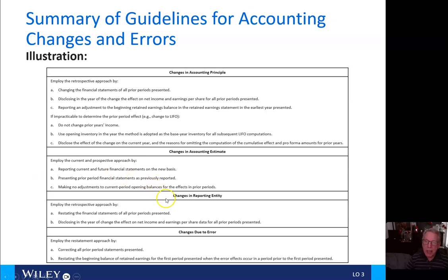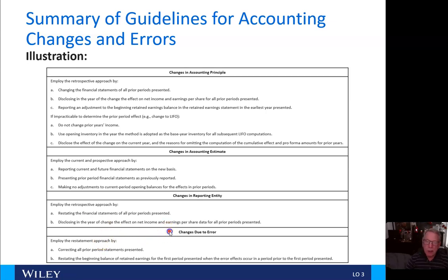And if we have a change in reporting entity, we'll employ the retrospective approach by Alpha, restating the financial statements of all prior periods presented, and Bravo, disclosing in the year of change the effect on net income and earnings per share data for all prior periods presented.